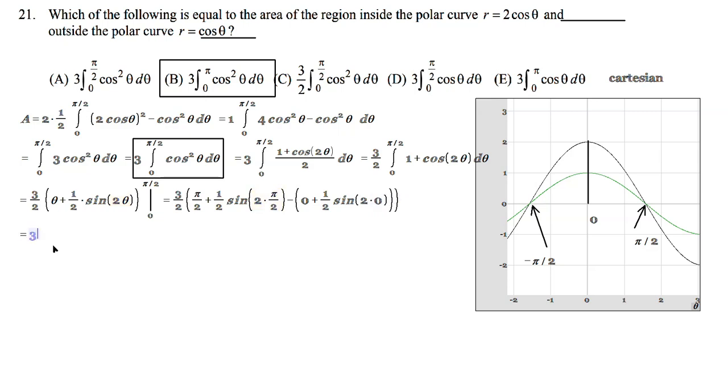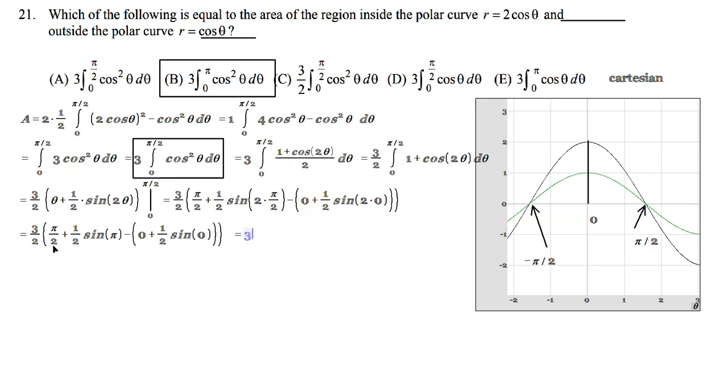Continue, so it's going to be 3/2, and then pi over 2 plus 1/2 of sine of pi. The 2's cancel. This is a pi over here. And then minus 0 plus 1/2 again of sine of 0.